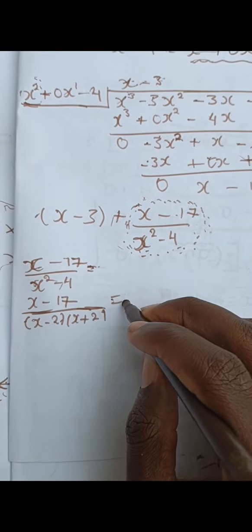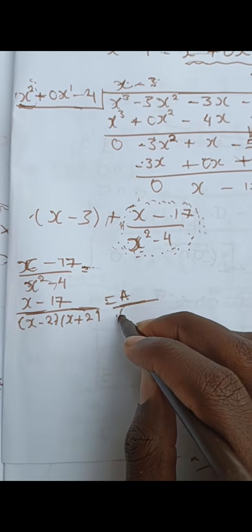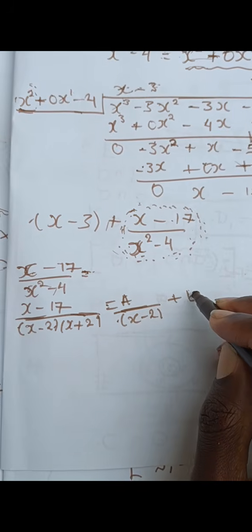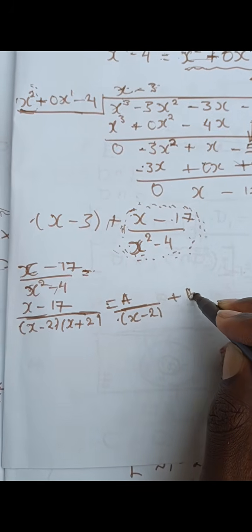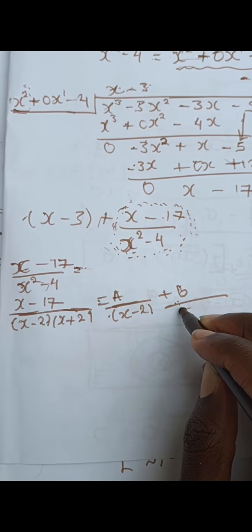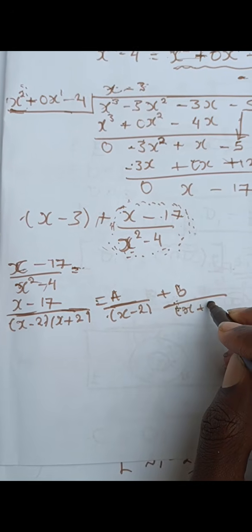Then we are going to say is equal to a over x minus 2 plus b over x plus 2.